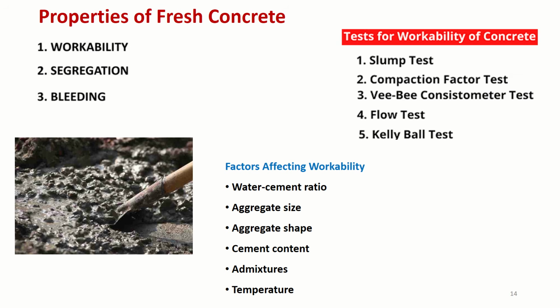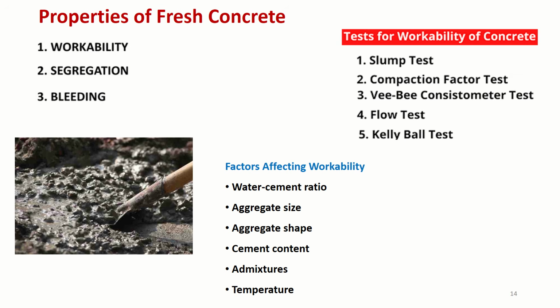Then aggregate shape: rounded aggregates give more workability than angular and cubical aggregates. But as per the IS requirement, concrete uses crushed angular aggregates of around 20 mm size. That is the requirement of coarse aggregate.